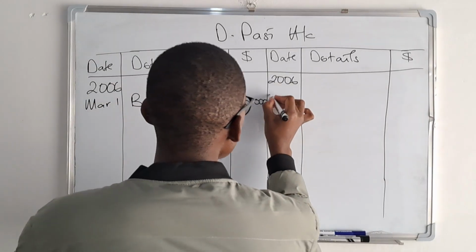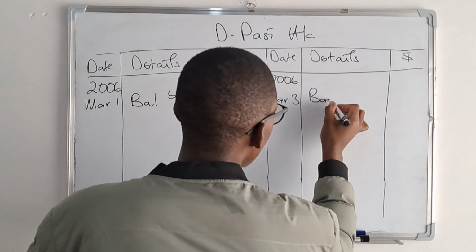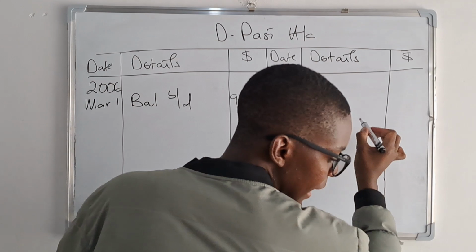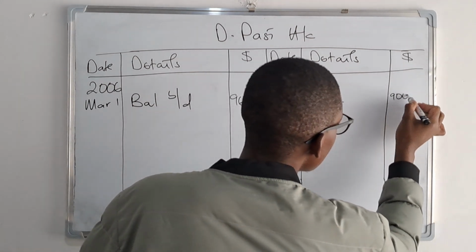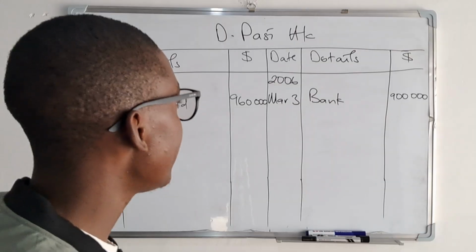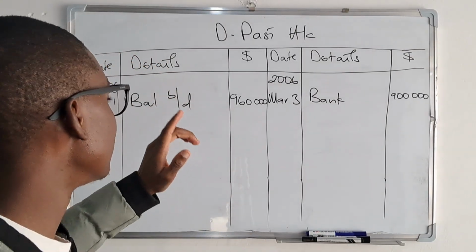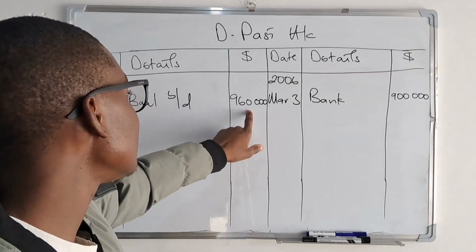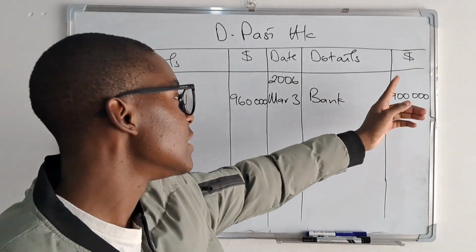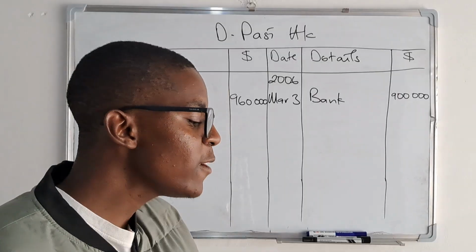March 3, received 900,000 cash from D Parsi in full settlement of his February account. You write March 3, Bank, 900,000. We are not yet done. Remember, he had an opening balance of $960,000 and he paid $900,000. Read carefully: in full settlement.